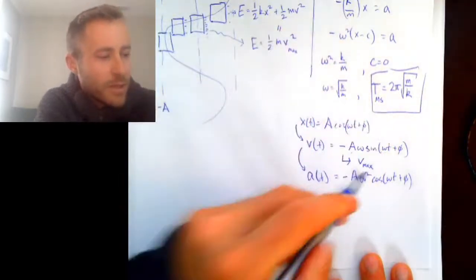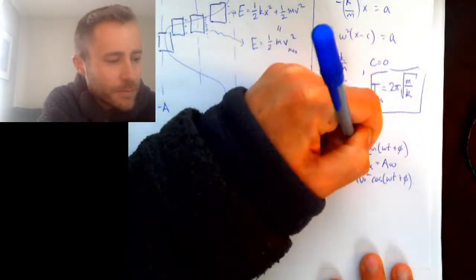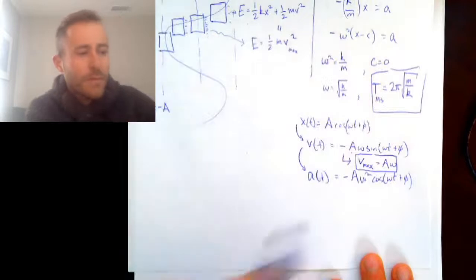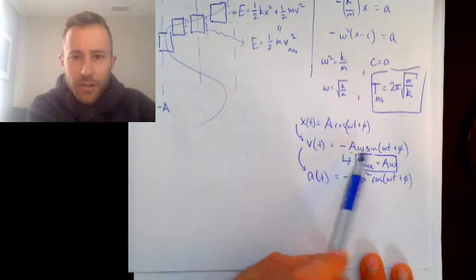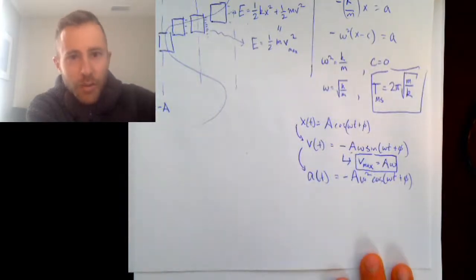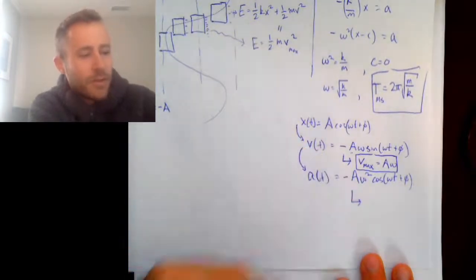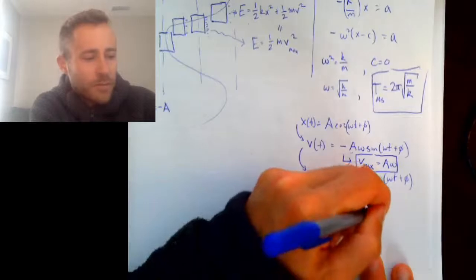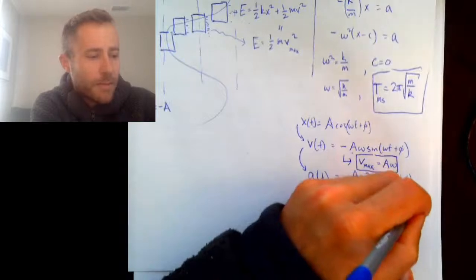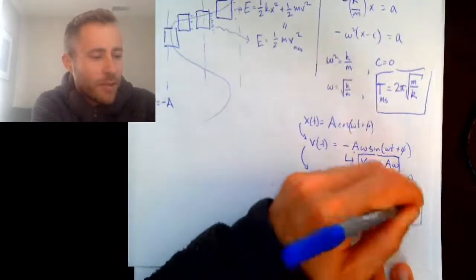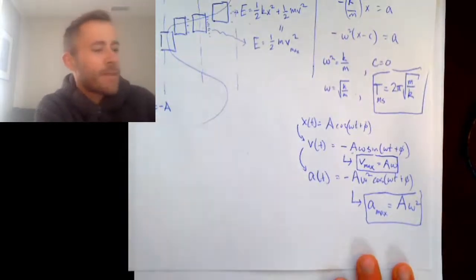The maximum speed is going to be A omega. Similarly, by a similar argument, we can show that the maximum acceleration is A omega squared. Keep in mind that capital A stands for amplitude and lowercase a stands for acceleration.